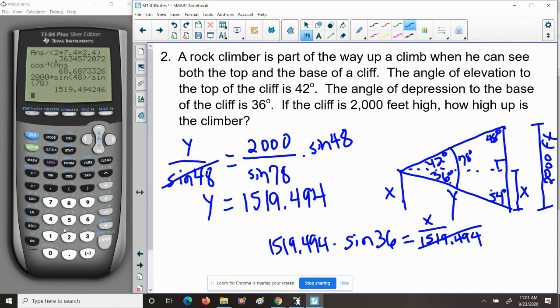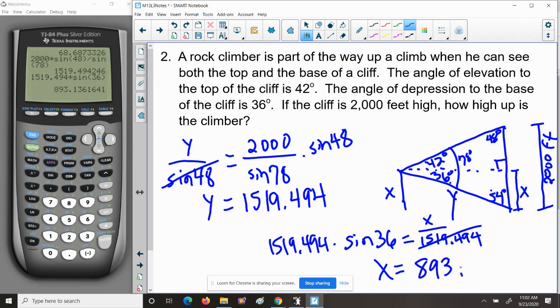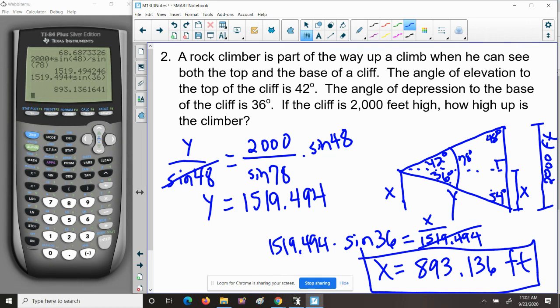Let's go over here to our calculator and type this in. 1519.494 times sine of 36. And we are going to get X equal to 893.136. So we know that that climber is 893.136 feet up in the air.